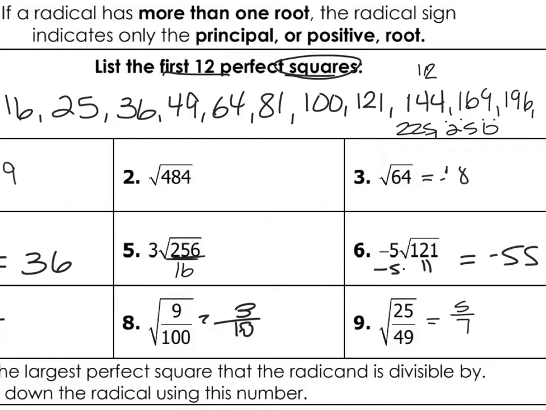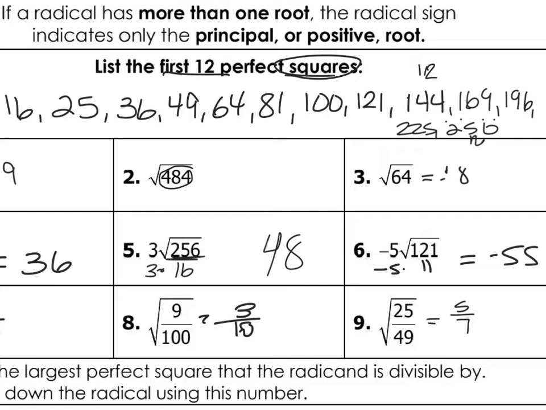16 times 3, and that's 48. My pen doesn't want to write. 48. And 484, well, let's see if it's a perfect square or not. We got all the way up to 16 here.